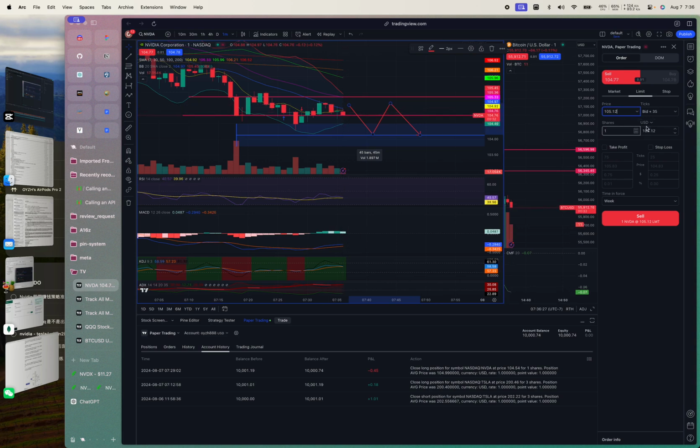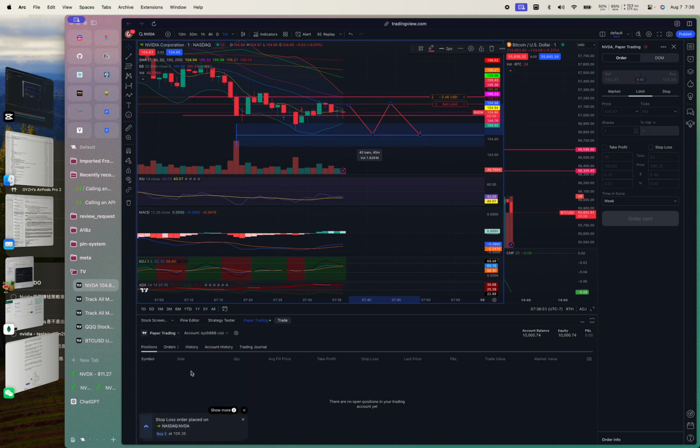So I will sell Tesla at this price, and I will stop loss if the price comes above 35, like this one. By the way, the job's below that. I don't think this order will be triggered somehow, but I just put it into my account.